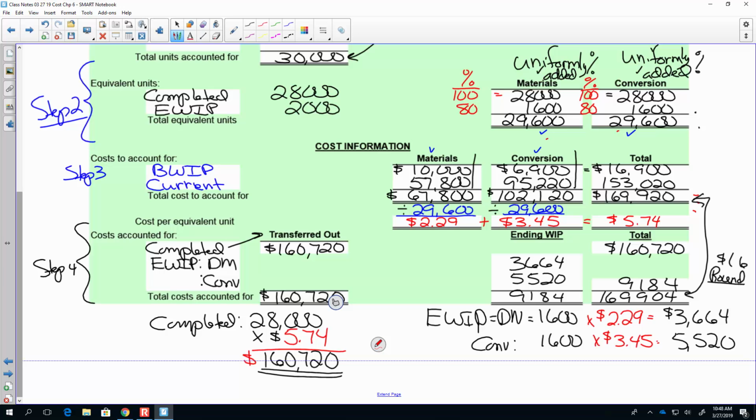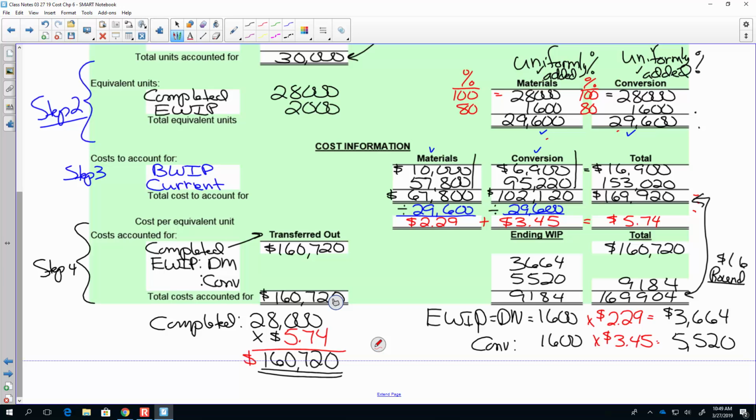And then in step 4, the job is to show how much transferred out, and then how much is left in ending WIP for that department. And then we finally reconciled at the end. We compared these two numbers to see how close we were. We were within $16 here because of rounding issues. Does that all ring a bell, hopefully?